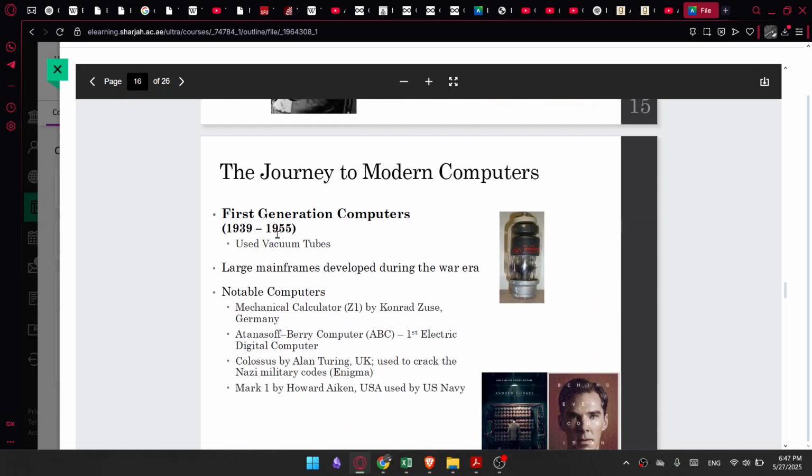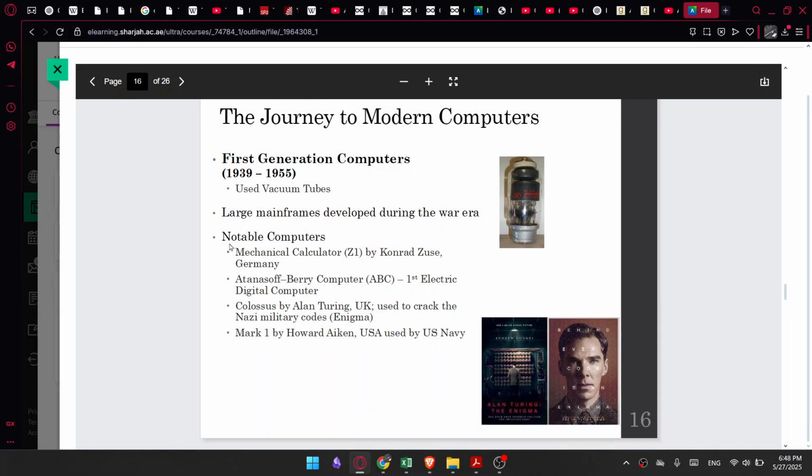The journey to modern computers: first generation computers. It is important to know that this was from 1939 to 1955, and they used vacuum tubes. Large mainframes were developed during the war. Notable computers: the mechanical calculator Z1 by Konrad Zuse, a German.